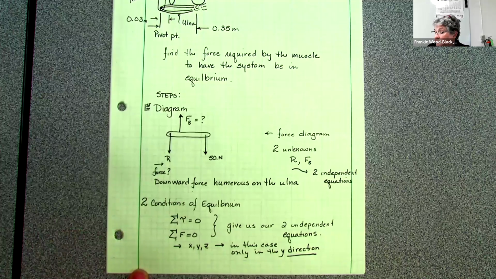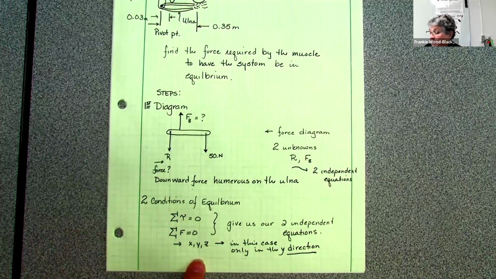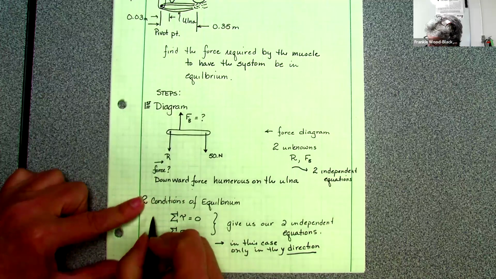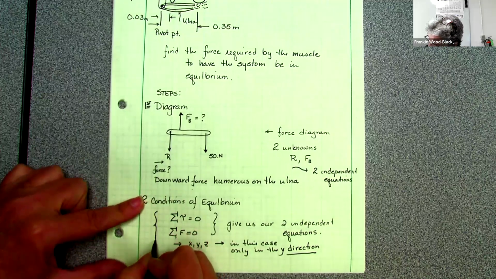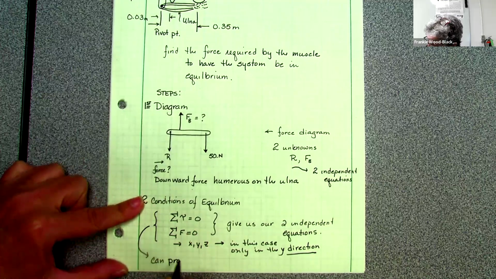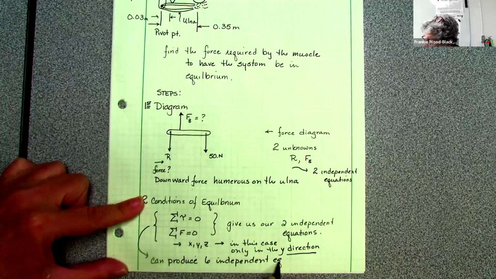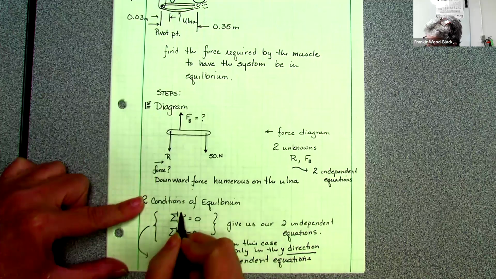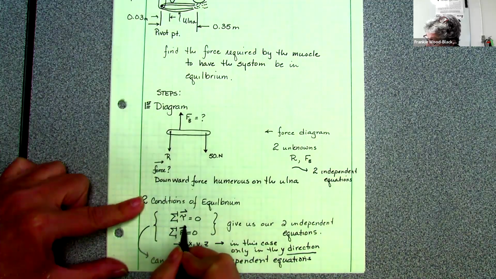Now, the reason I bring this up is because these two conditions of equilibrium can produce 6 independent equations, because remember, these are vectors.